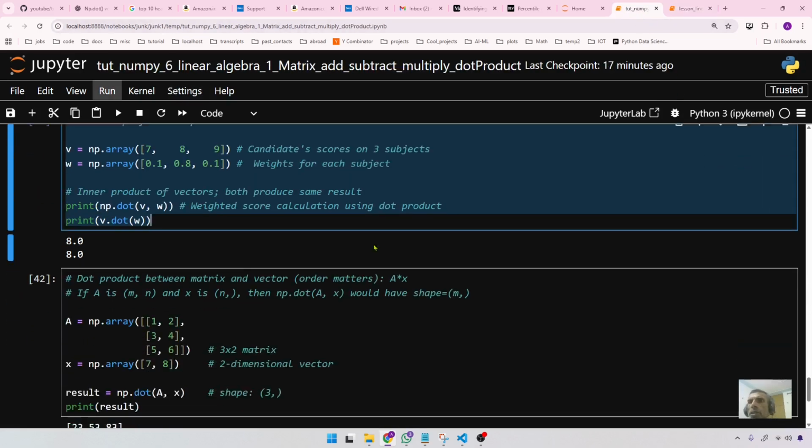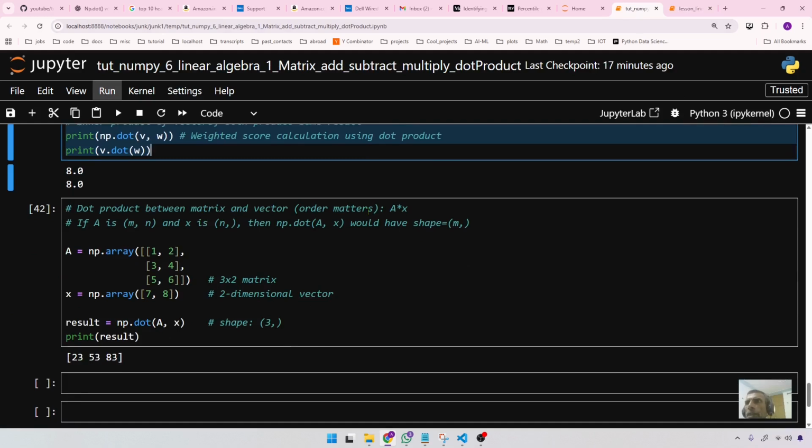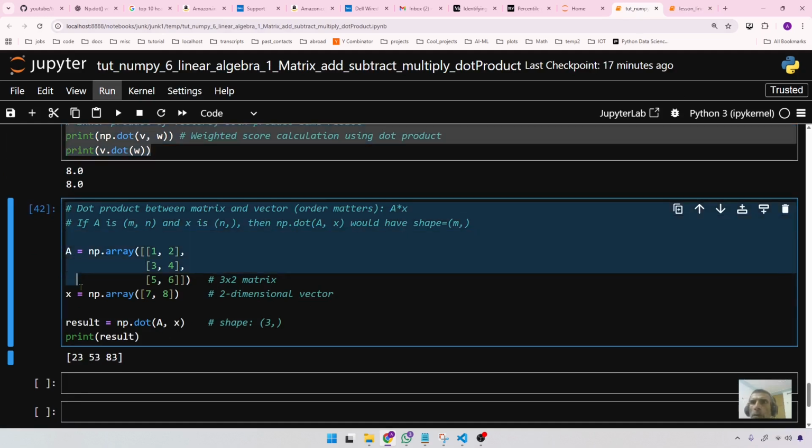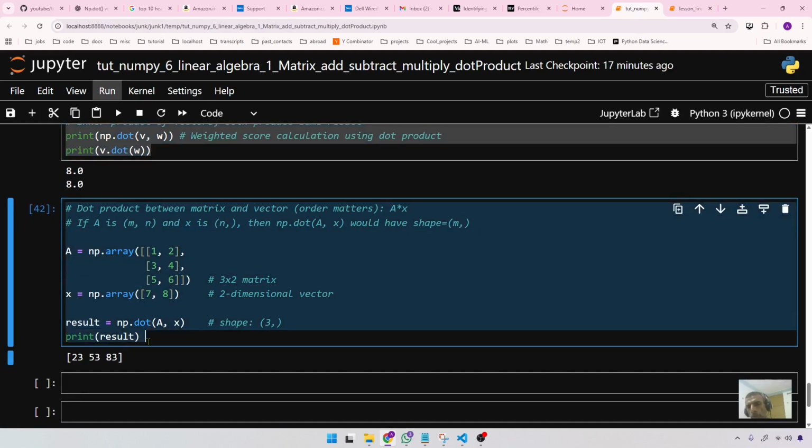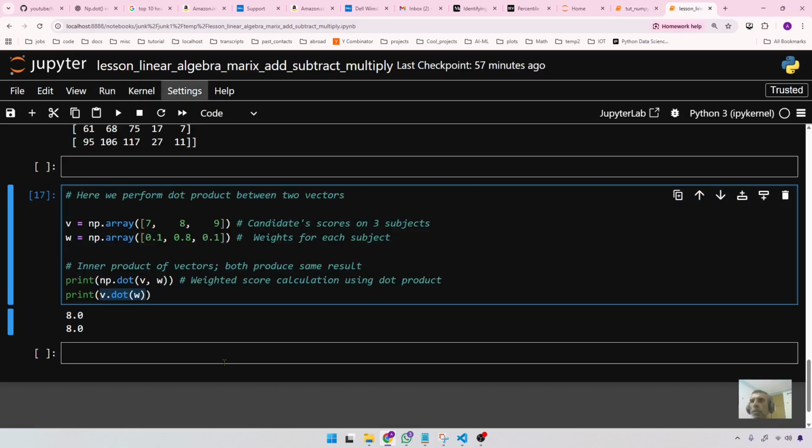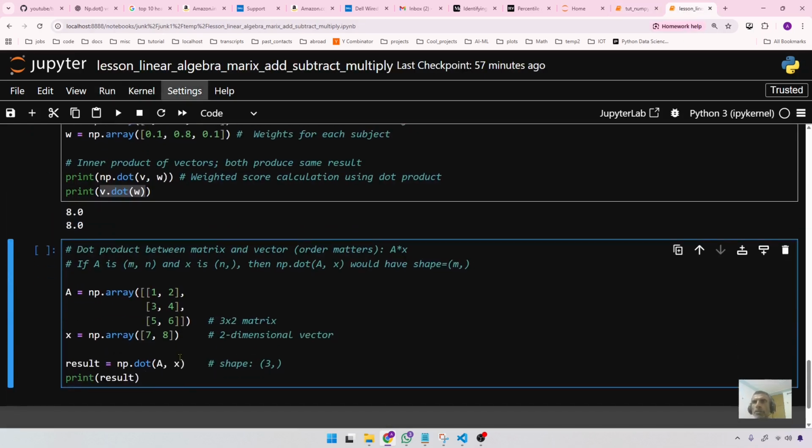Now let's talk about dot product between a matrix and a vector. You can also do a dot product between a matrix and a vector. Now, it's important that the order matters. If you want to do matrix A dot product with X, where A is an m by n matrix and X has shape n, then np.dot(A, X) will have a shape of m.